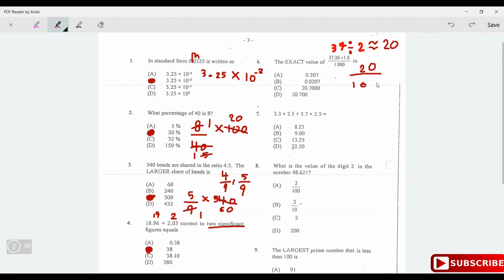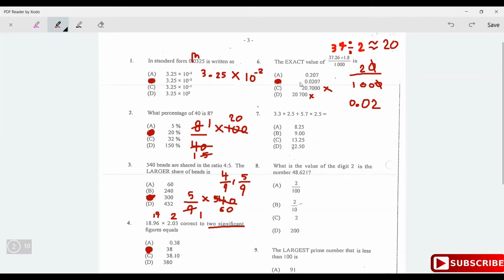20 over 1,000 would be what? This 0 cancels this 0. And so the answer you're getting is 0.02. This would be your approximated answer. So no answer should be in this region. So it can't be 20,000, that's wrong. It can't be 20, 0.0207, that looks about right.